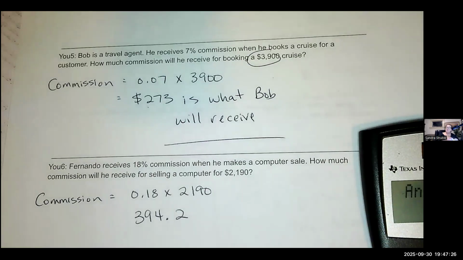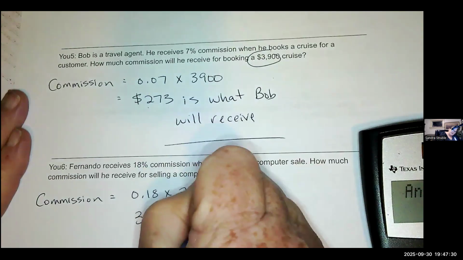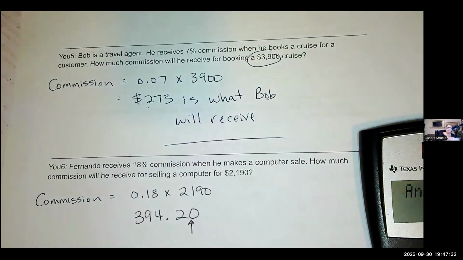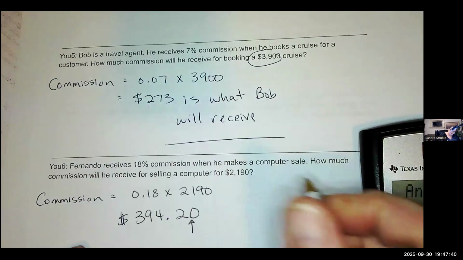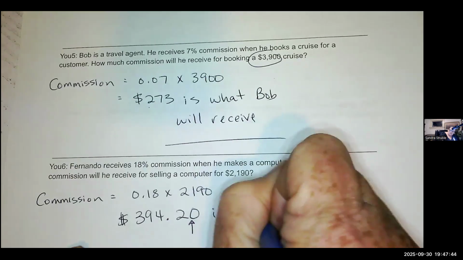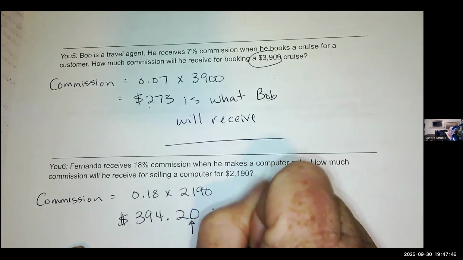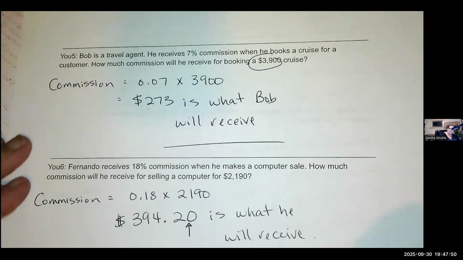You need to know that in America, you always represent 2 decimal places to the right to represent change. So it's not $394.02, it's 20 cents. Don't forget your dollar sign. That is what he will receive, or for commission, you can say.